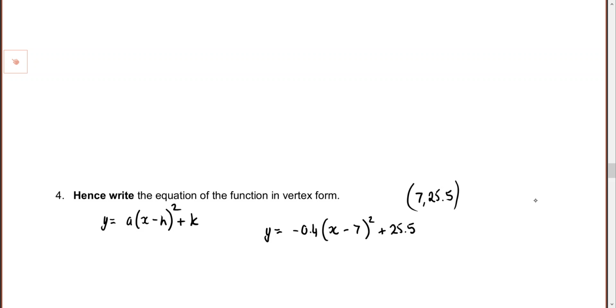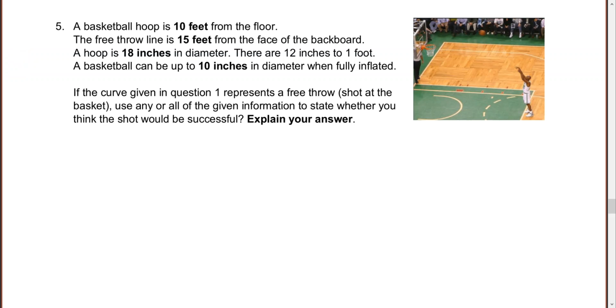When you have to mark a question like this, I have to read in detail what you're saying and gauge what you're trying to explain, because there are lots of different possible things that you could say that I could give you credit for. So there's no correct answer in terms of, state whether you think the shot would be successful.